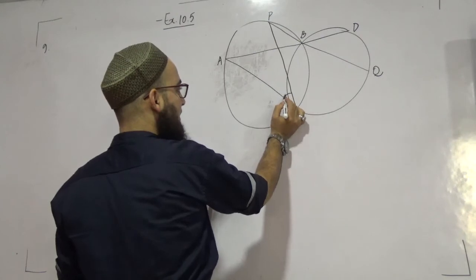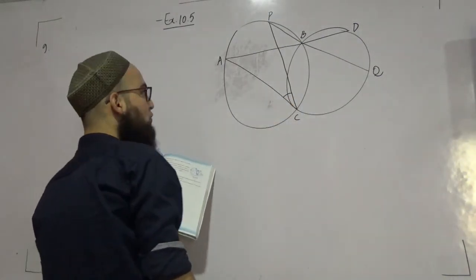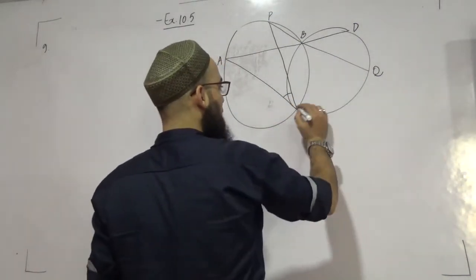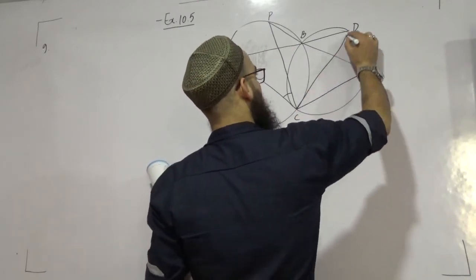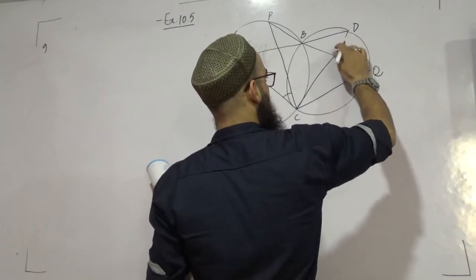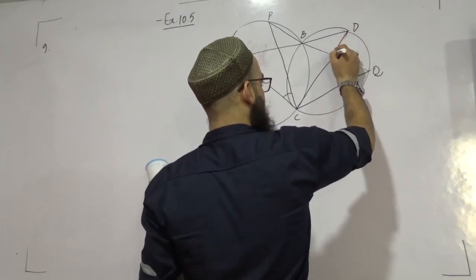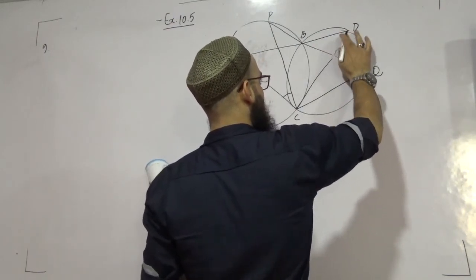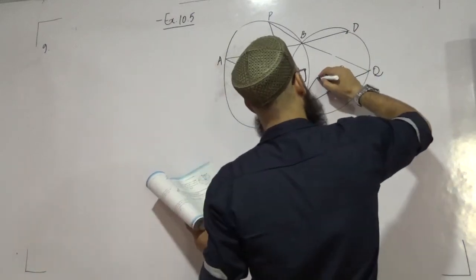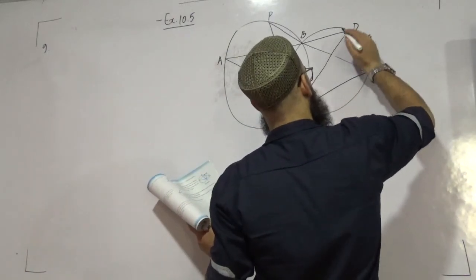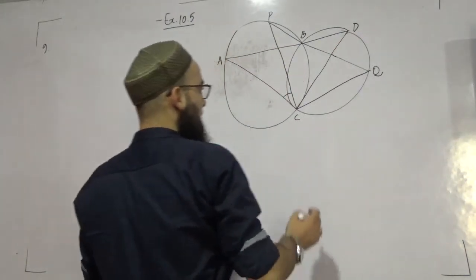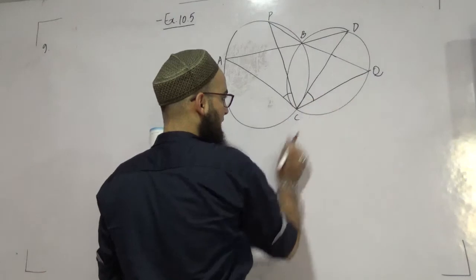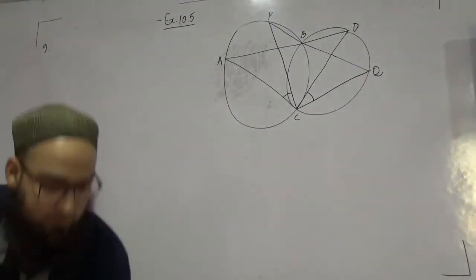ACP is this angle, and you have to prove it is equal to QCD. You need to prove this angle is equal to this angle. That's our question.